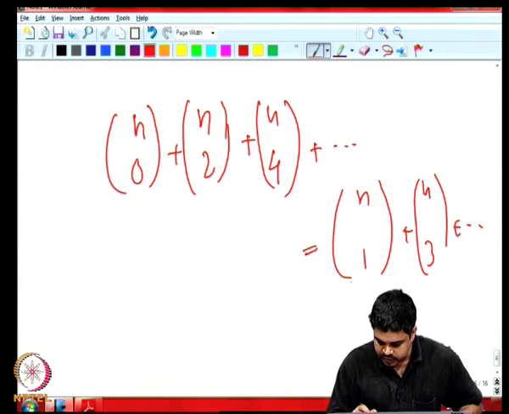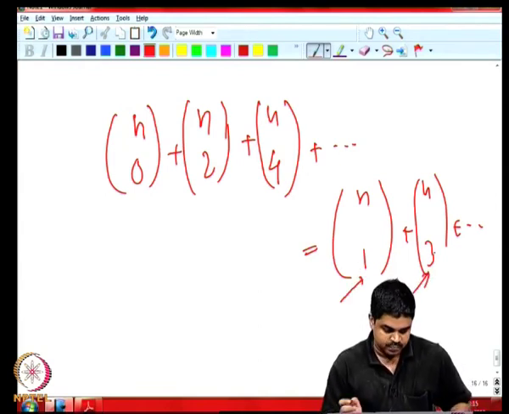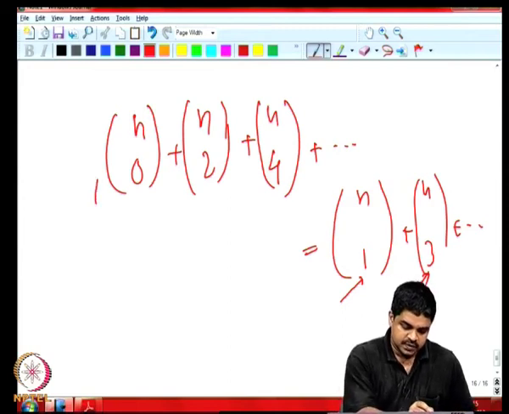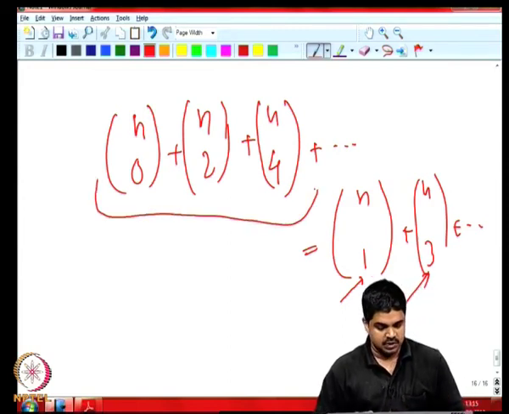The odd i's we take to one side, the even ones on the other, and they are going to be equal.